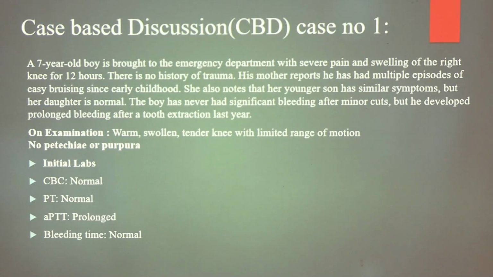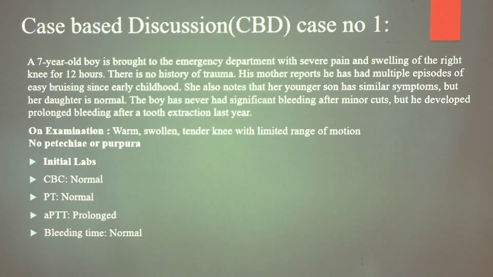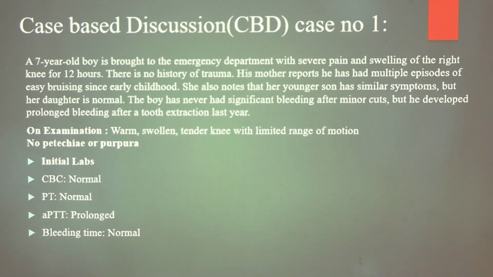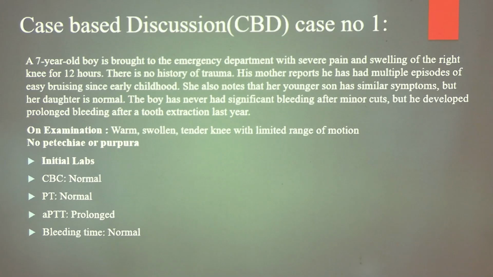So this is your case number 1. Can you read it out? A 7-year-old boy is brought to the emergency department with severe pain and swelling of the right knee for 12 hours. There is no history of trauma. His mother reports he has had multiple episodes of easy bruising since early childhood.